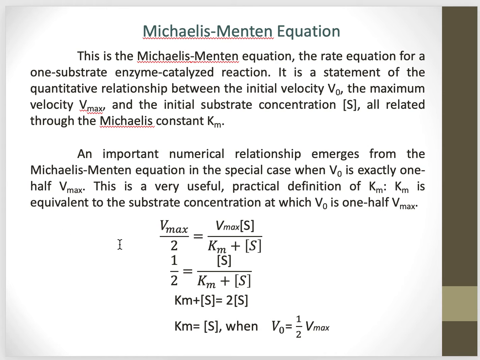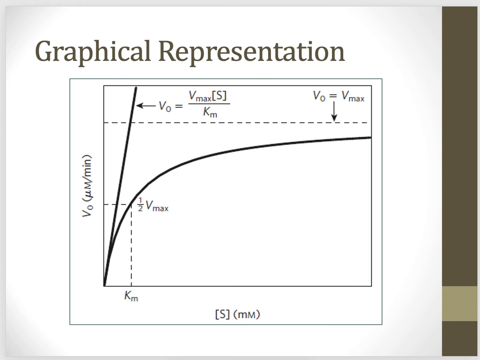Now let's graphically represent the Michaelis-Menten equation and see how it looks. In the graph, on the x-axis we put the value of substrate concentration in millimolar, and on the y-axis the rate V0, whose unit is micromolar per minute.